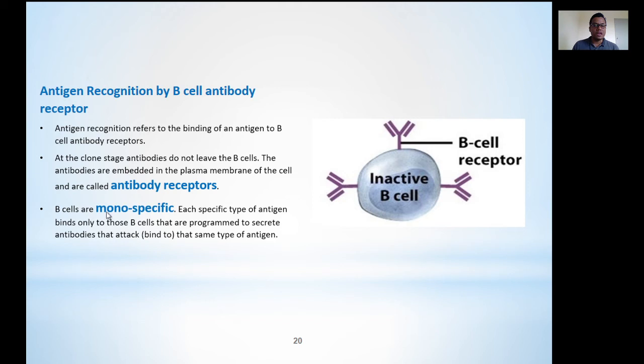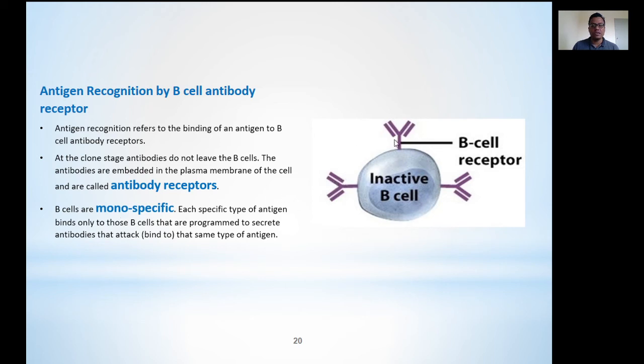B cells are monospecific. That means each antibody receptor, each of these antibodies, is specific. Earlier we mentioned that B cells have 10 million types, so we can imagine we have a 10 million database. Each of the cell clones in the 10 million B cells is specific to one type of antigen, so they are monospecific.